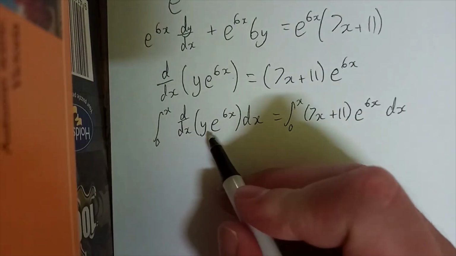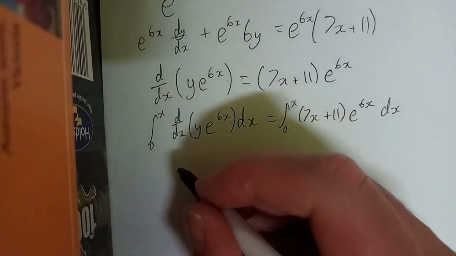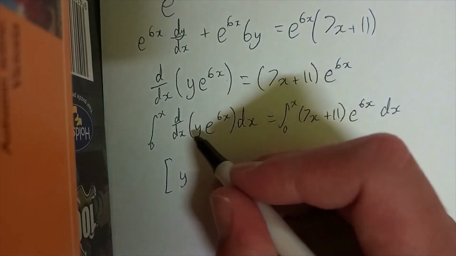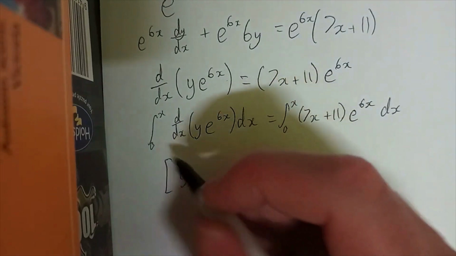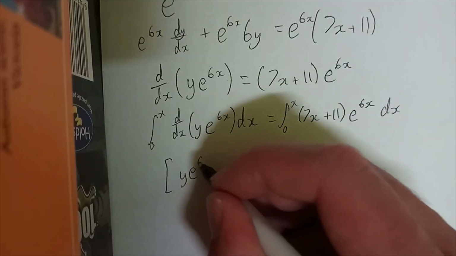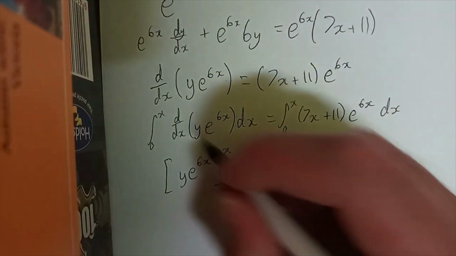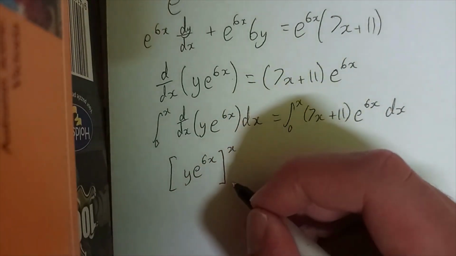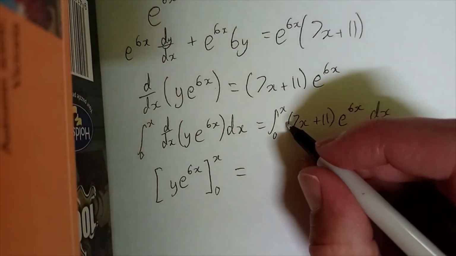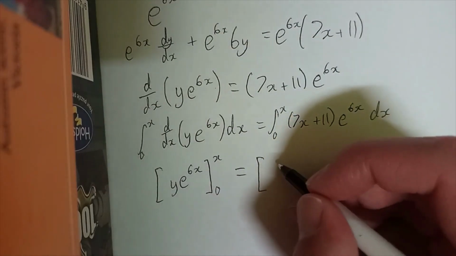Now again, by the fundamental theorem of calculus, this integral here will be equal to this expression that we've taken the derivative of, this y times e to the 6x, evaluated at the upper terminal, minus this expression evaluated at the lower terminal. So that's equal to this integral here, which I can solve by integration by parts.